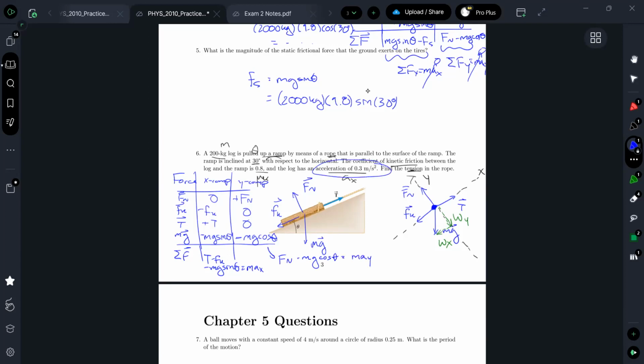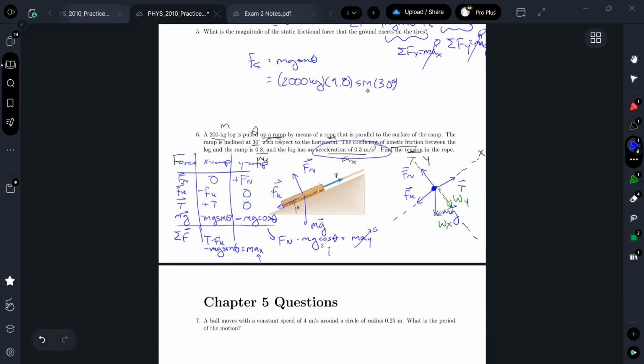I do in the x direction. So this cannot be set to 0, but I don't in the y direction because the log is still not leaving the surface of the ramp. It's not moving away from or towards it. It's not accelerating by gaining velocity in either of those directions. So I still see Fn equals mg cosine theta. I don't know if that's helpful, but it is true.